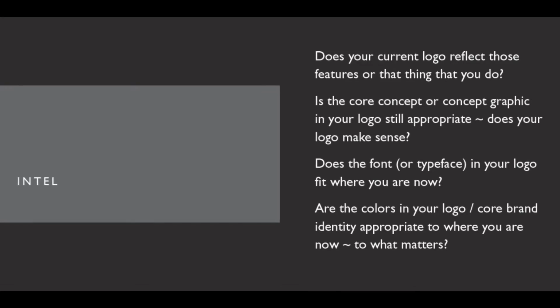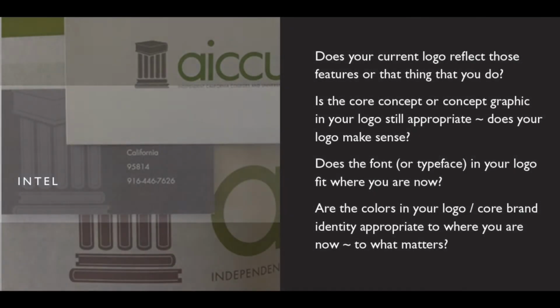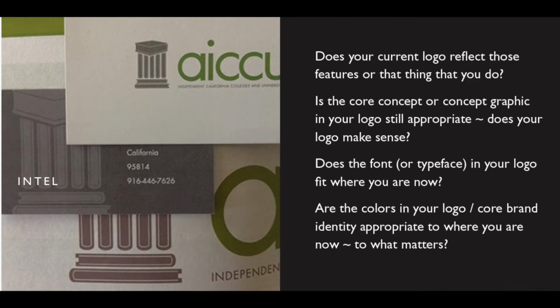I tell you what, I'll give you an example, a before and after. This is the before brand for the Association of Independent California Colleges and Universities, and in terms of elements in this that reflect features or things that the association does, well, we've got books, there's a connection there with education obviously.